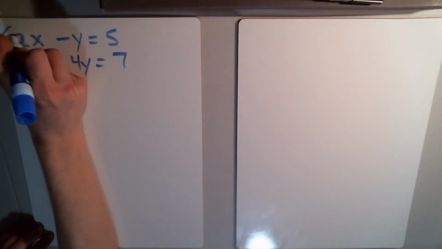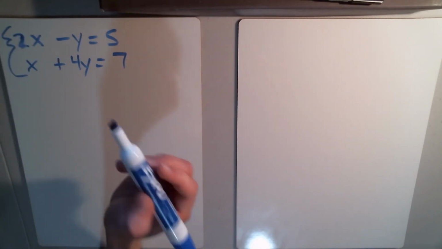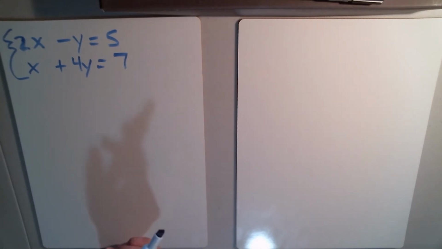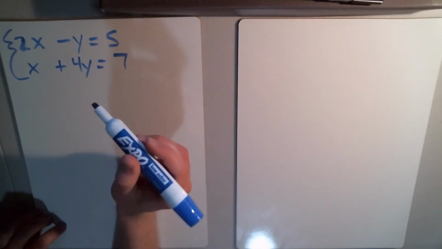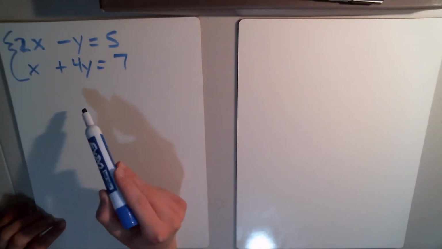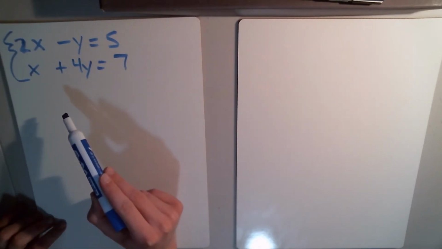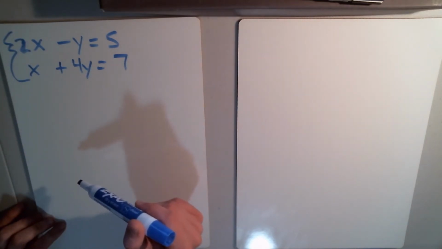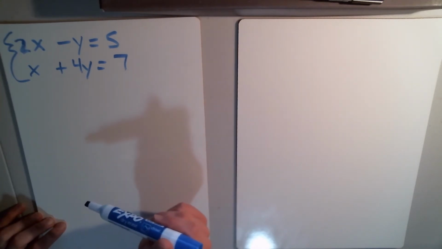And hopefully it has a solution. It might not, but I think it does for this one. And how we had found this previously was we had used either substitution or elimination to solve for this. In this case, either one would be fine.